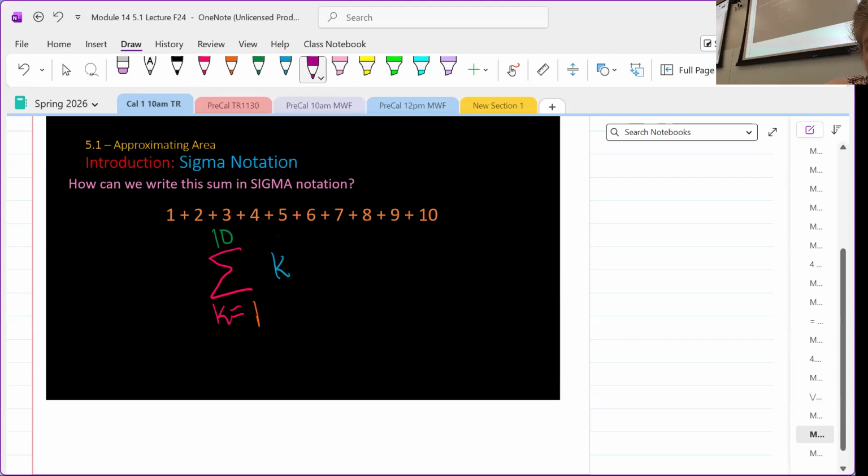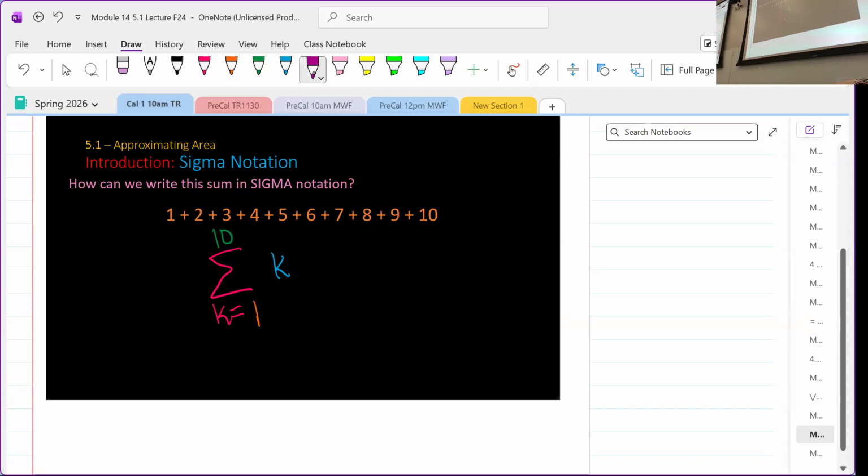So when k equals 1, I'll put 1. Then sigma notation means put plus. Then I increment my index. Now k is 2. I put it in the formula. I get 2. I write my 2 down. Plus. Then I increment to 3. I write my 3 down. So this is another way of saying the same thing as adding all the integers from 1 to 10.